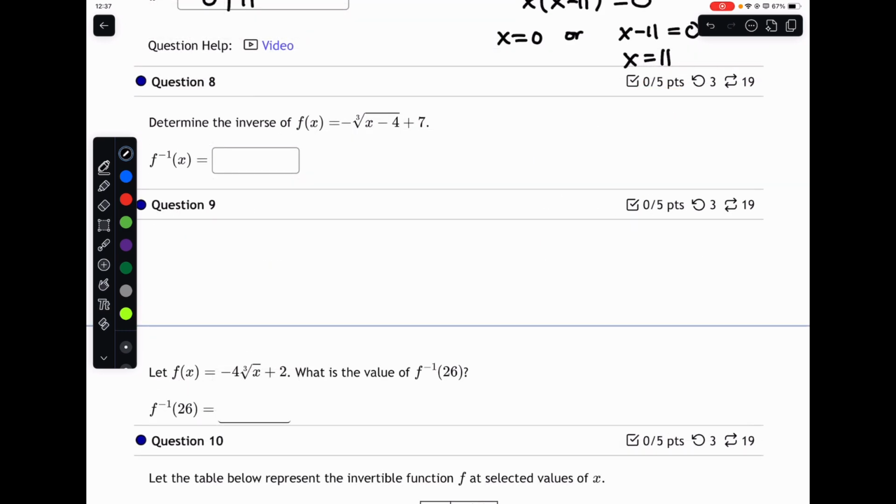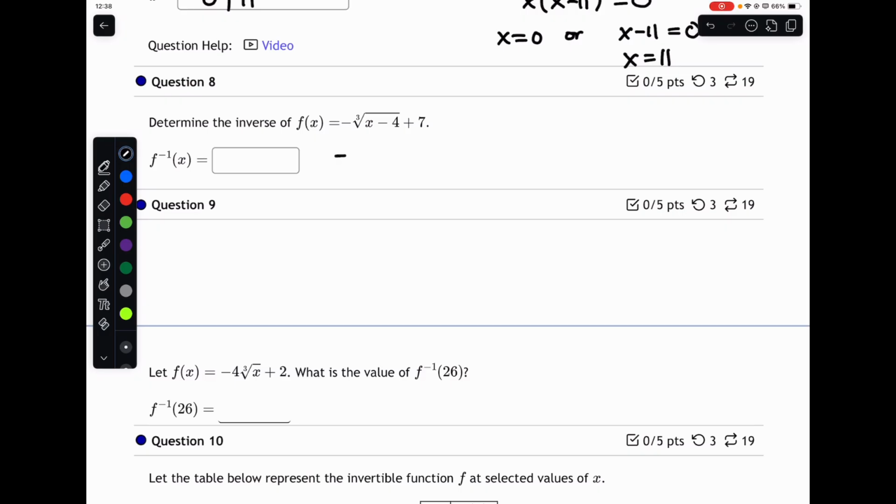Now for question number 8, there is no shortcut for this. You have to do this by hand. Desmos will not be helpful for this to find the inverse, even though we're setting up an equation. And we start by first switching the x and the y. Since this is y and this is our x, we're going to interchange those and get the following equation.